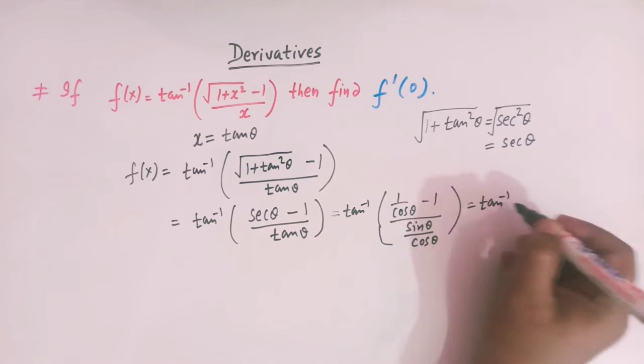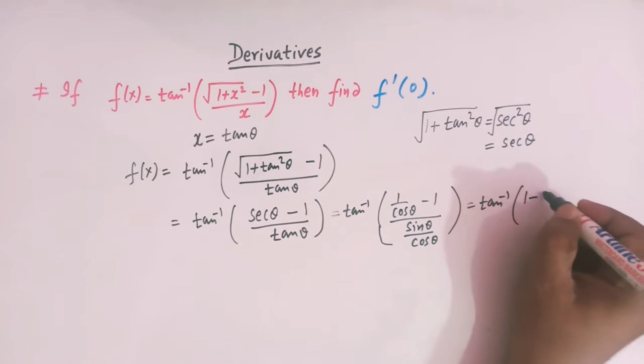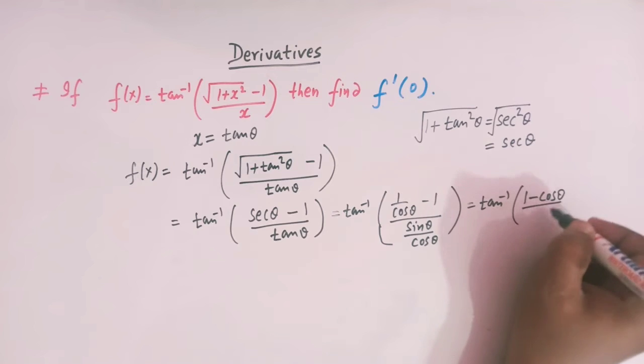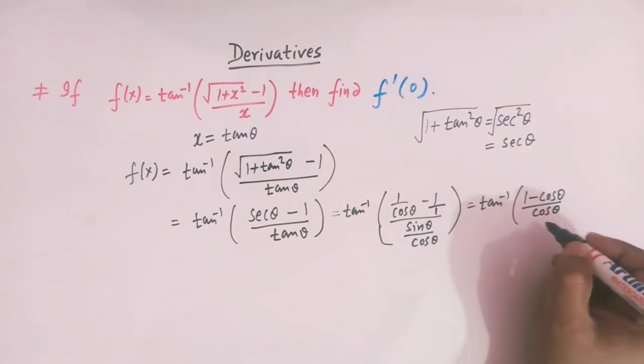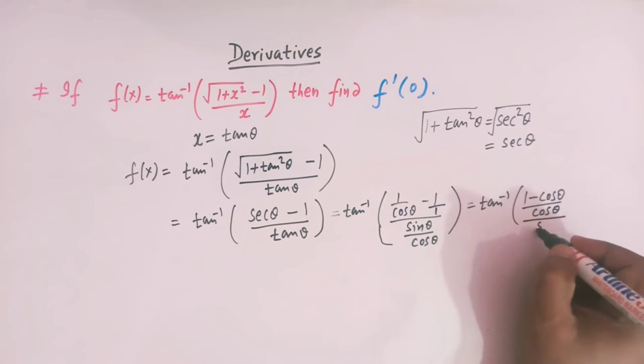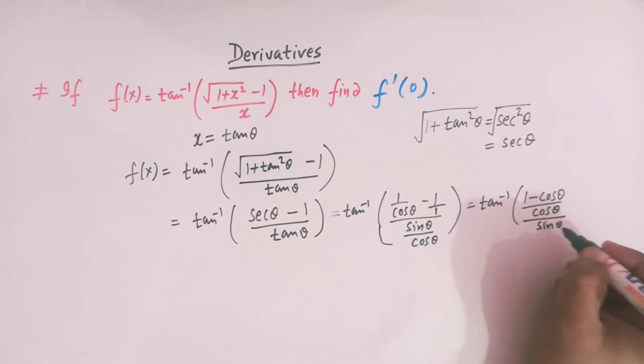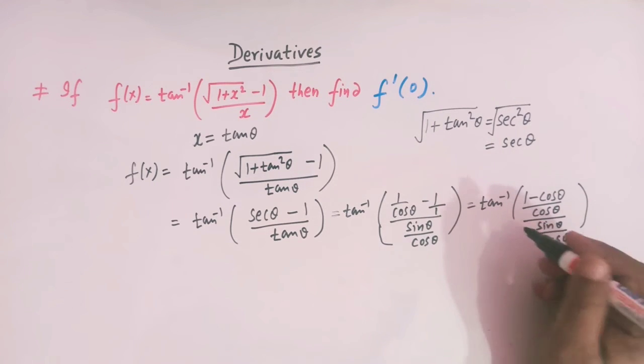So we have tan inverse, and here we have 1 minus cos theta over cos theta by taking LCM, and in the denominator we have sin theta over cos theta.